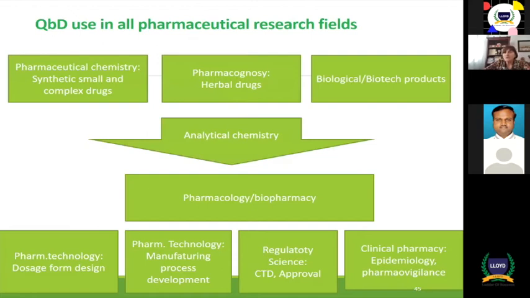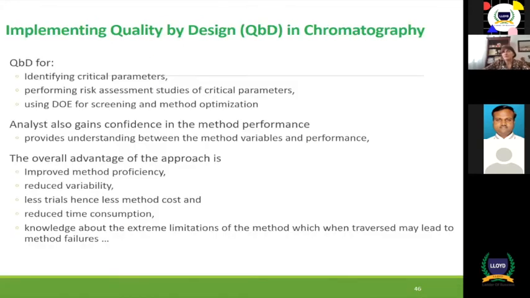One thought: quality by design can be used in all scientific fields: analytical chemistry, pharmacology, toxicology, technology, regulatory science, whatever. I collected some articles about implementing quality by design in chromatography.